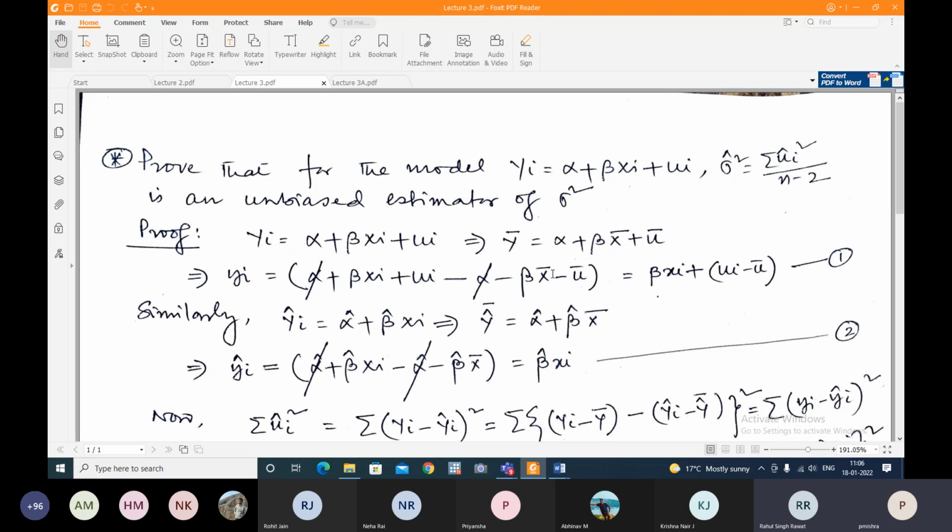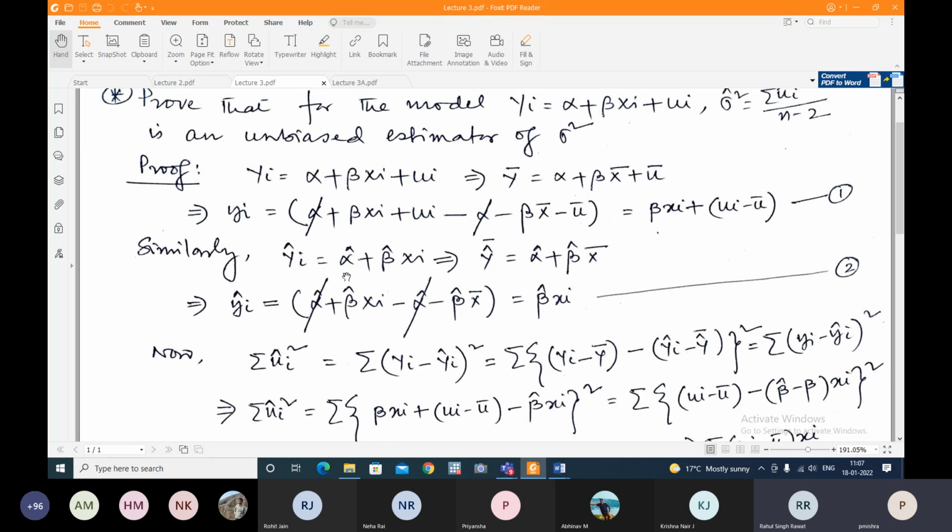So I can write that component as beta into small xi plus ui minus u bar. So small yi is beta into small xi plus ui minus u bar.